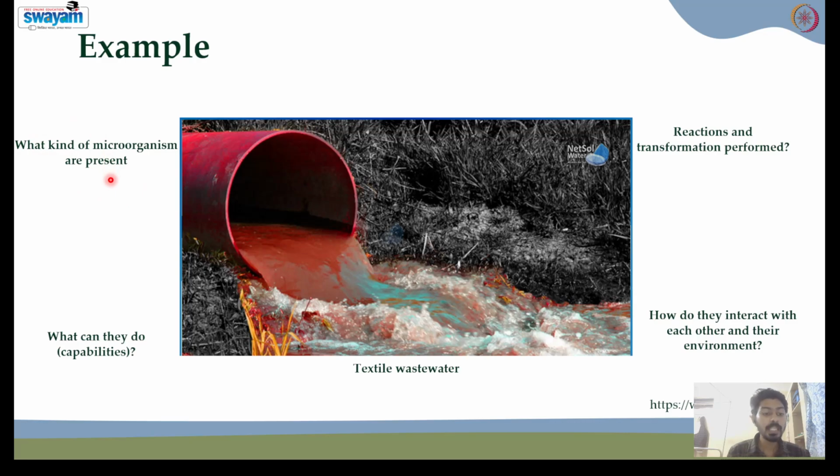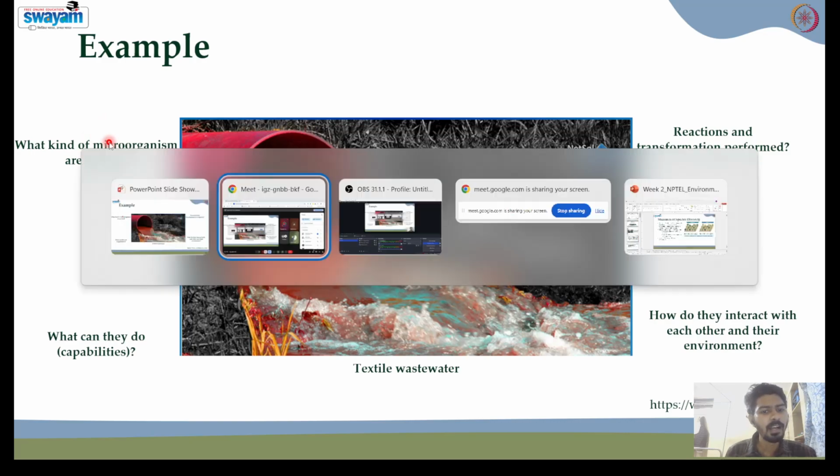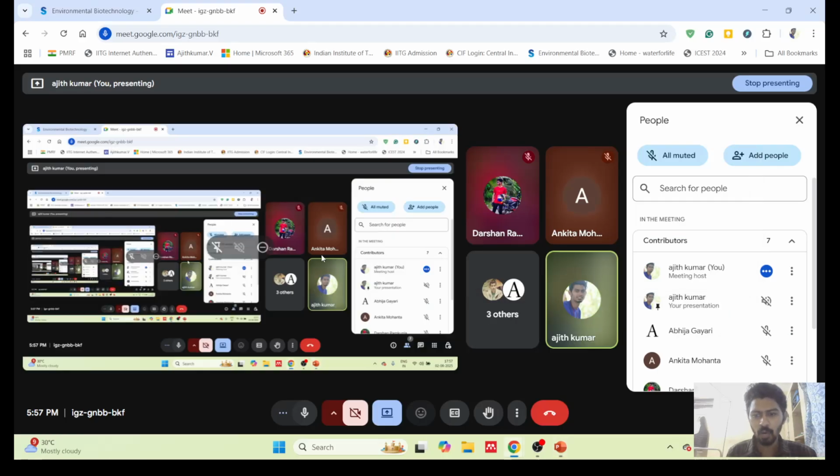There will be millions of microorganisms present, right from Bacillus species, Staphylococcus species, any species. There will be millions of microorganisms present in an ecosystem. So how do we find these microorganisms? Anyone? How do we find the microorganisms in textile wastewater or any wastewater?